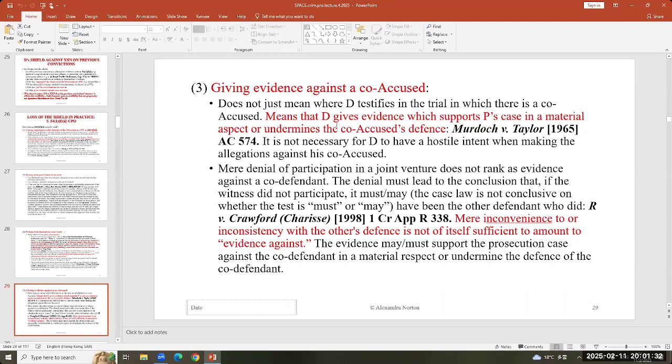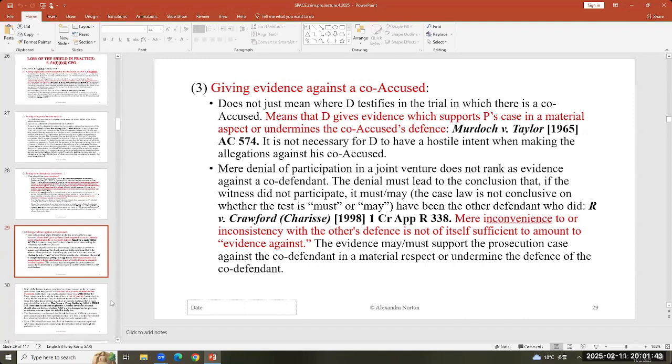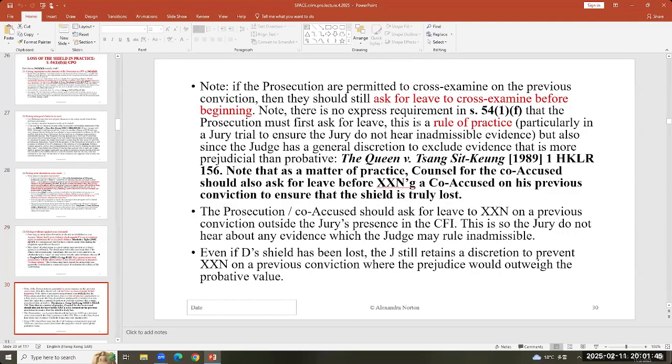If defendant A gets into the witness box and says that, then he's testifying against his co-accused. And in that case, he would lose his shield under section 54(1)(f) and open himself up to the possibility of cross-examination. But before the prosecutor or counsel for the co-accused launches into any cross-examination about a previous conviction, they first have to ask the court for leave, just to make sure that the judge is satisfied that the shield really has been lost.